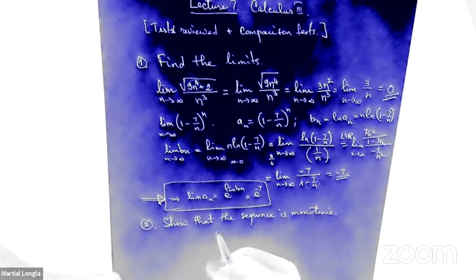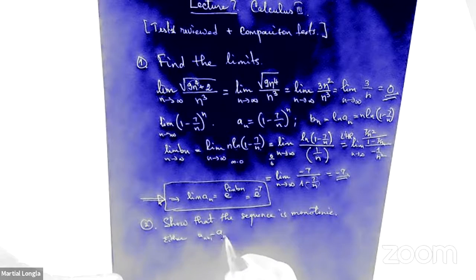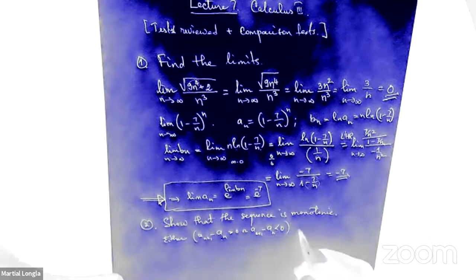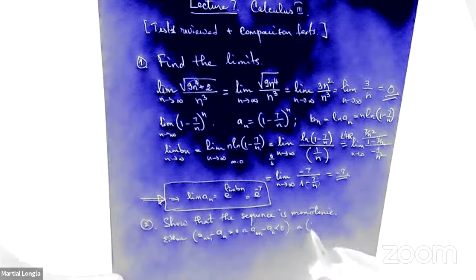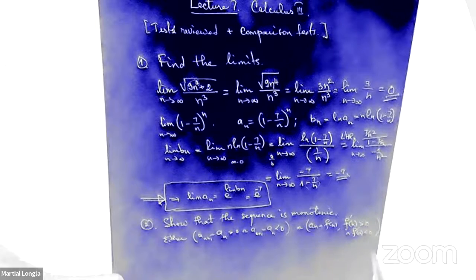The way you show that a sequence is monotonic is either show that an plus 1 minus an is strictly larger than 0, or an plus 1 minus an is strictly less than 0, or you show that an is a function of n and f prime of n is strictly positive, or f prime of n is strictly negative for all n's. There's a choice. Either you do that or you do this.